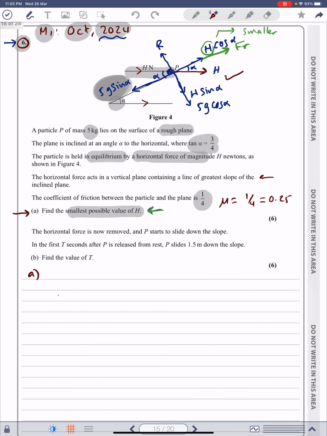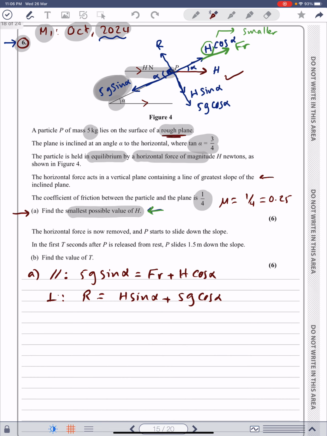Parallel to the plane, show yourself and the examiner that 5g sine alpha, the main force, equals friction plus H cosine alpha. Perpendicular to the plane, R is equal to H sine alpha plus 5g cosine alpha.